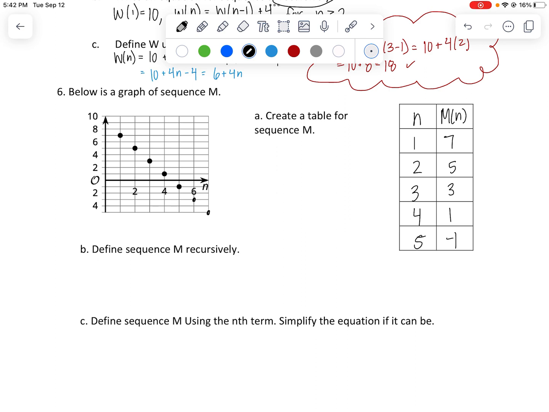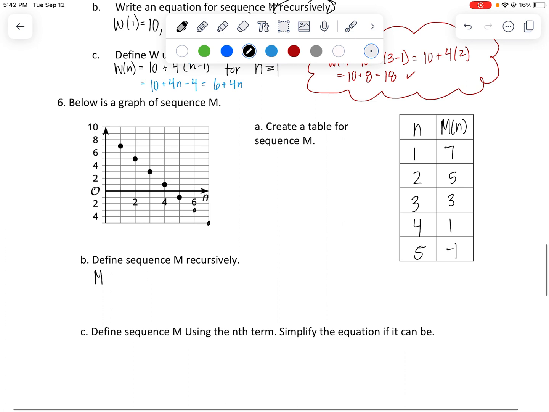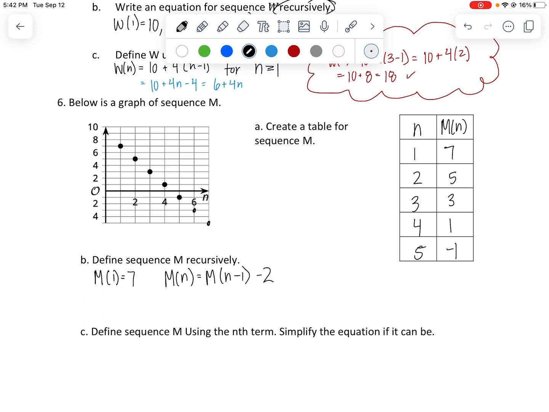Defining it recursively. So we know that it starts at step 1, and that is 7. And then each new step is going to be the one before it. So m of n minus 1. And we're going to subtract 2 each time. That's the rate of change. A minus 2 or negative 2.